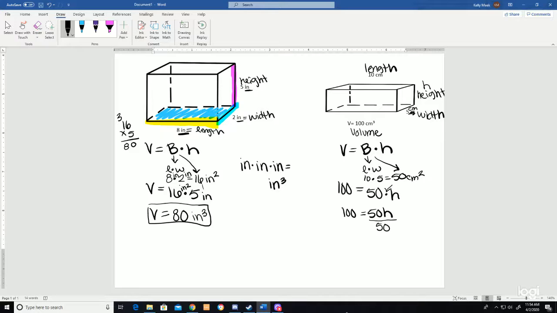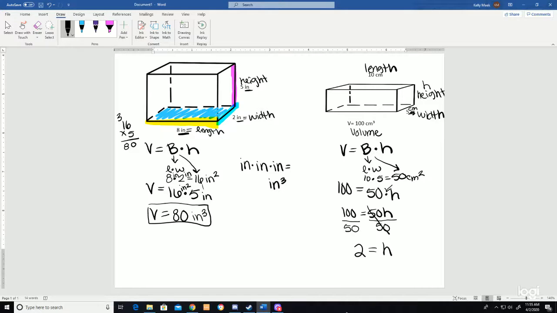If I do that to one side of my equation, I have to keep my equation balanced, and so I'm going to do that to the other side. It doesn't make sense to do it to one side and not do it to the other. All right, so 50 divided by 50 is 1, leaving my h all alone, 1h, there it is, and 100 divided by 50 is 2.